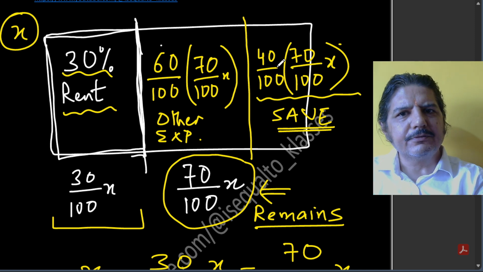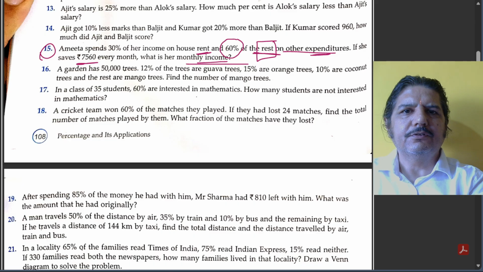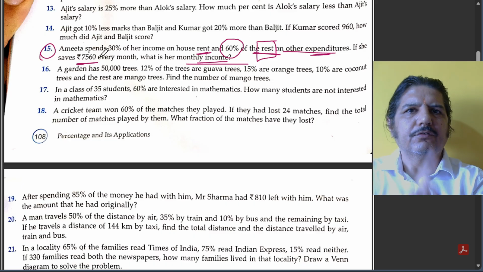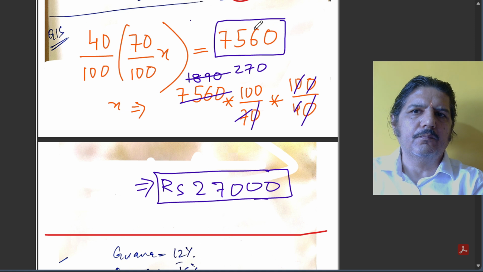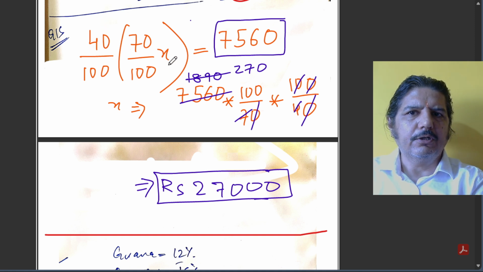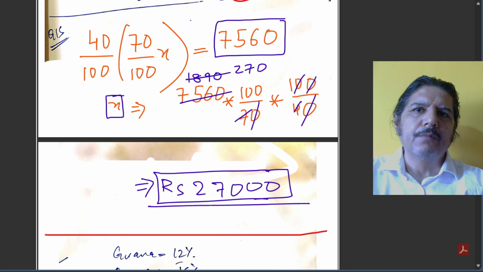And this 40% of 70 upon 100x is the amount which is equal to 7560. Therefore, you'll have to calculate the value of x, and when you calculate, the value of x comes to be 27,000. I'll try to explain it again.